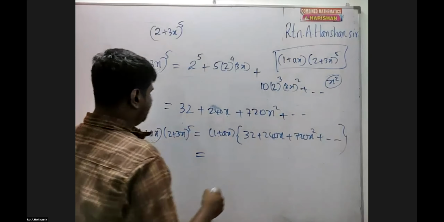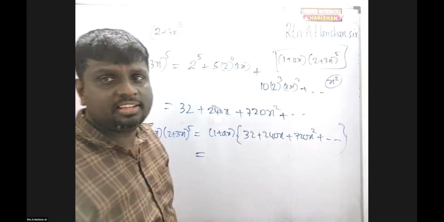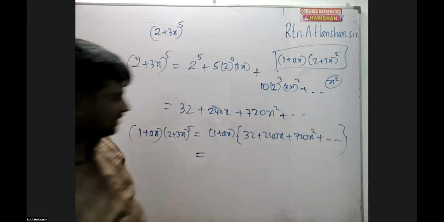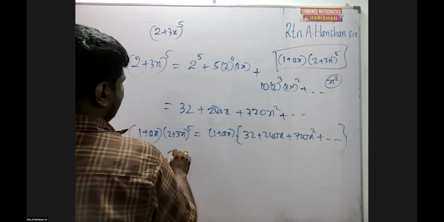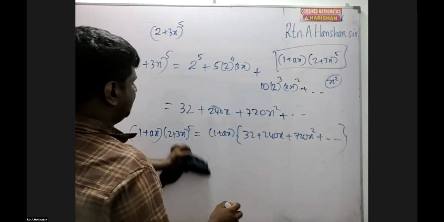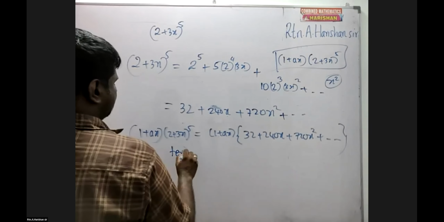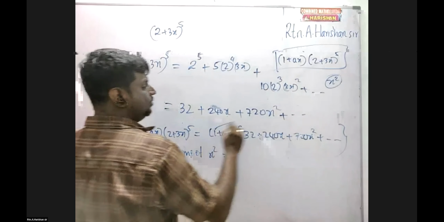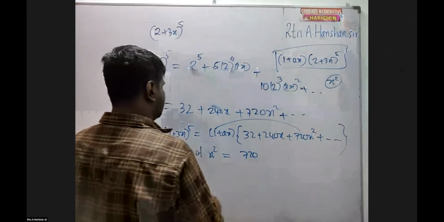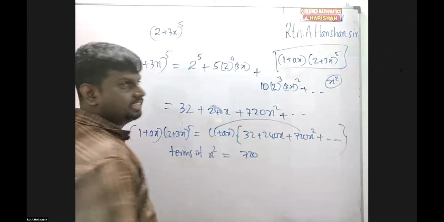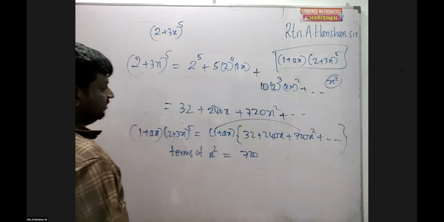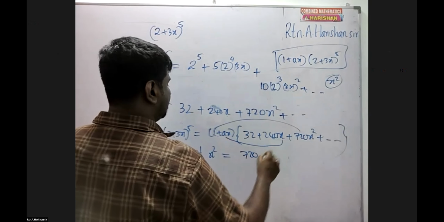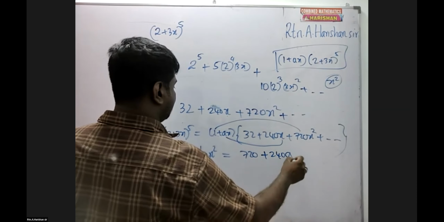So how to find the coefficient of x squared? The x squared terms: 1 into this 720, then this into this, that is, plus 240a.